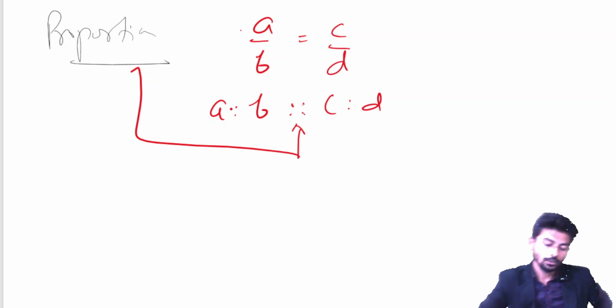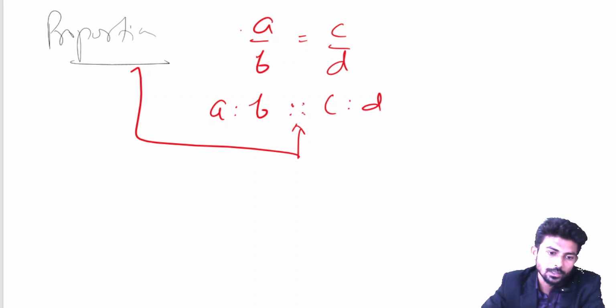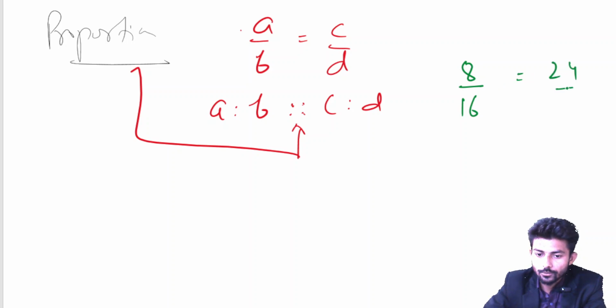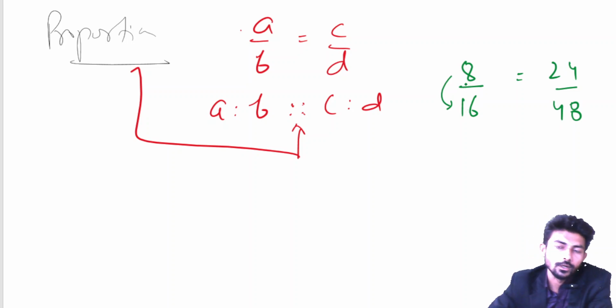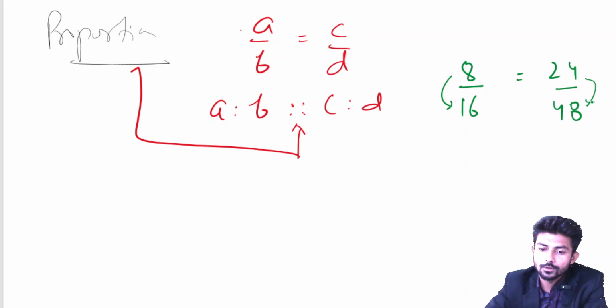Now we can also take some practical example. Let's suppose I am writing here 8 by 16. So that can be equivalent to 24 by 48. We also know that here the denominator is double of the numerator, and here also the denominator is double of the numerator. So they are in proportion.